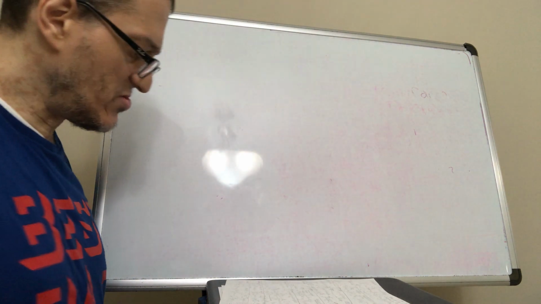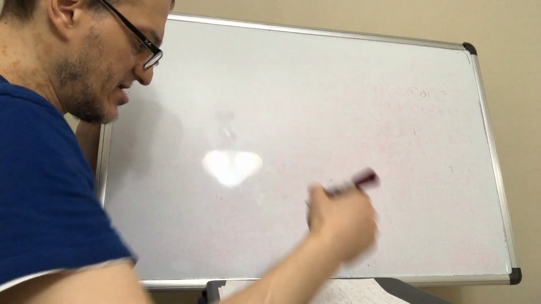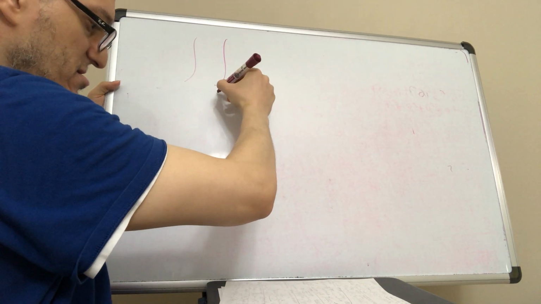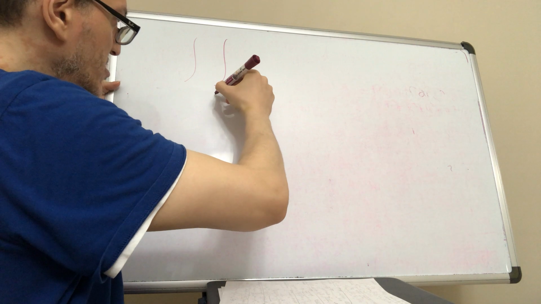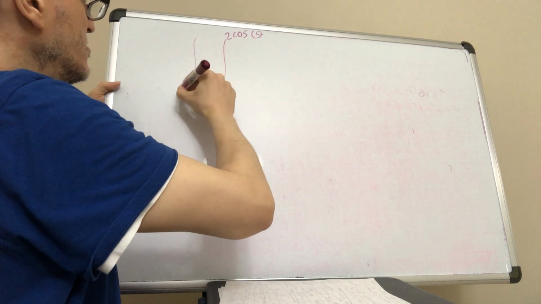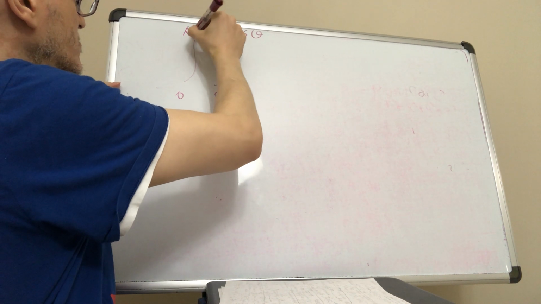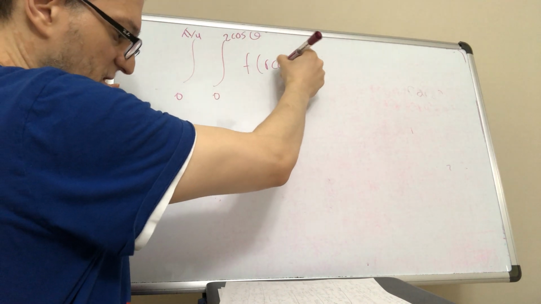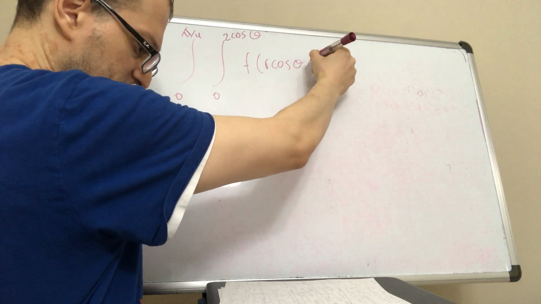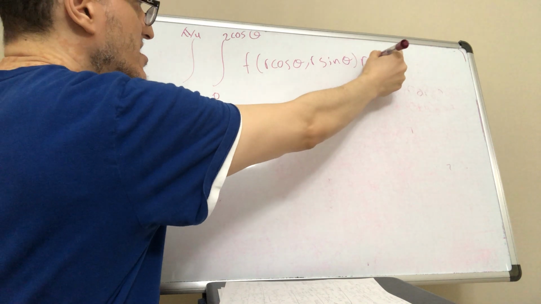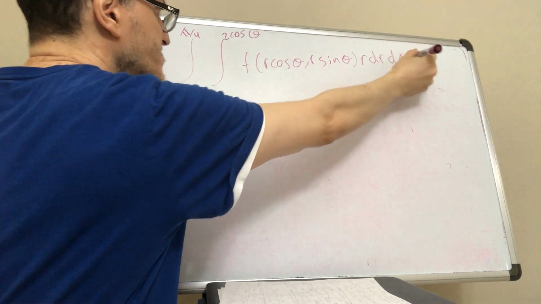Before I do, well, I'll do this one. So now, this question, evaluate and draw. 0 to 2 cosine theta, 0 to pi over 4. The function r cosine theta, r sine theta, r dr d theta.